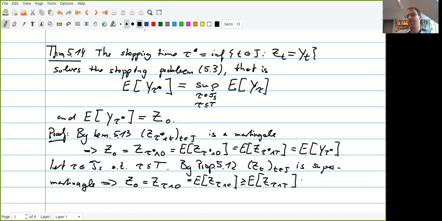And as my stopping time tau is bounded by capital T, and the Snell envelope is dominating the given process Y, Z is always bigger than Y, and tau is smaller than T, so I get here Y at tau.